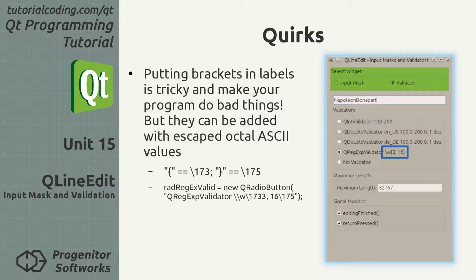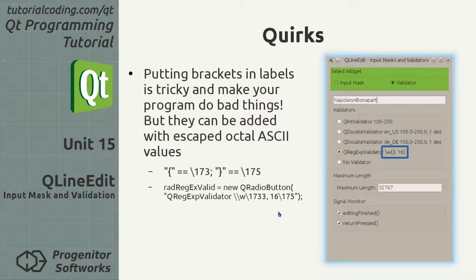Quirks for the validator implementation were that in the label of this radio button for the regular expression, I used left and right bracket. And when I tried to put them into the string for the radio button constructor, it first didn't display them, and second it kind of crashed on exit and did horrible things.